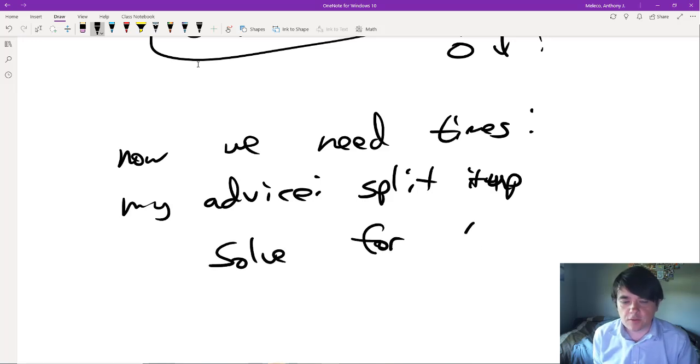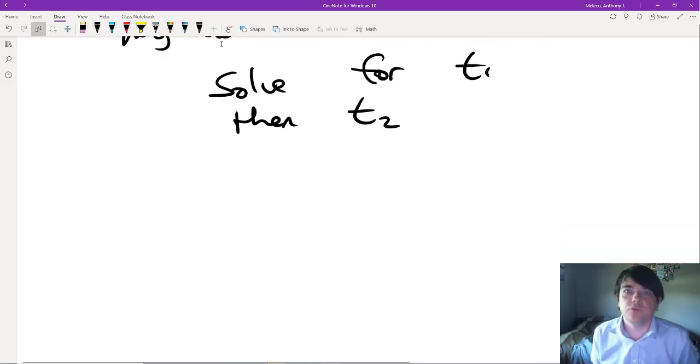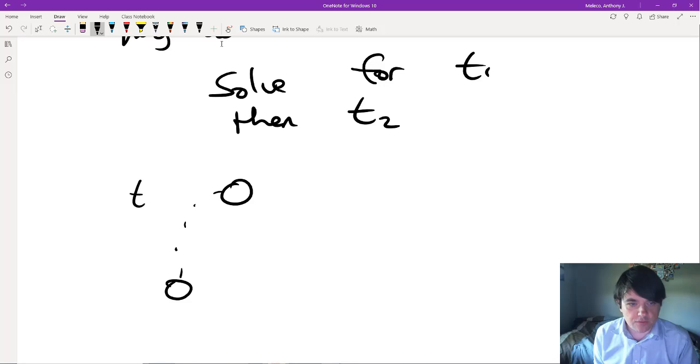Solve for T1, then T2. And then T total, you just add the two. So T1 is this part of the motion. This is T1 right here. It goes from y equals 0 to y final is 11.5 meters.